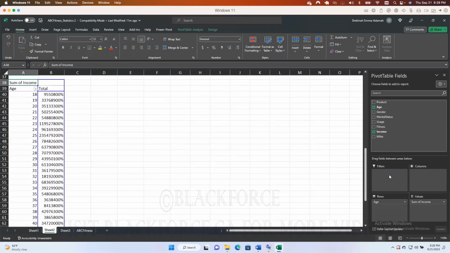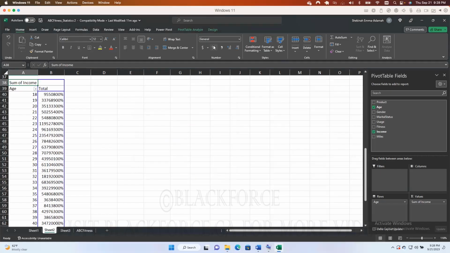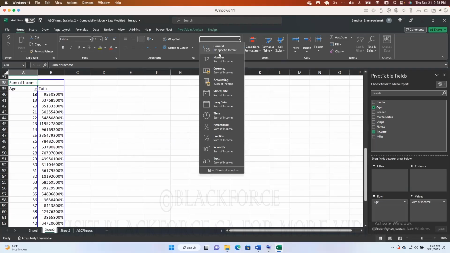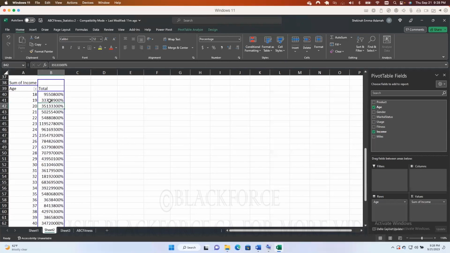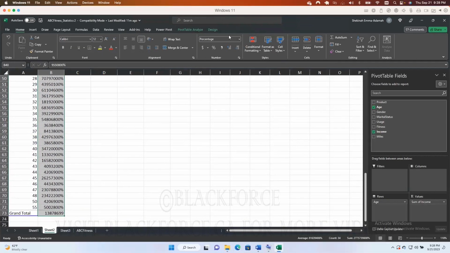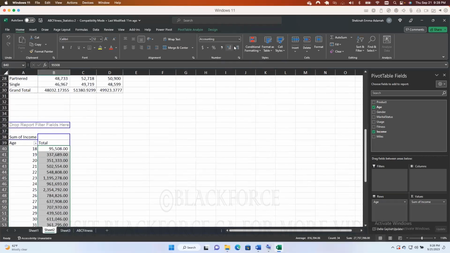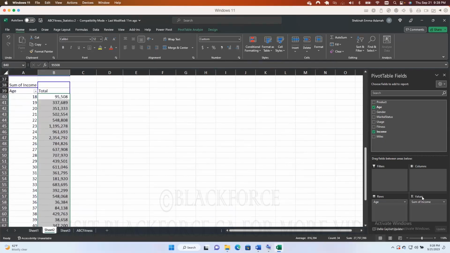Because income has to do with the person, right? So how much the individuals in that group earn. Sorry, let me check something. I think I entered some other filter.